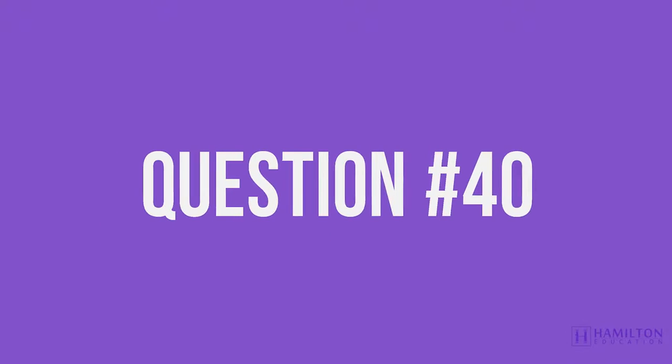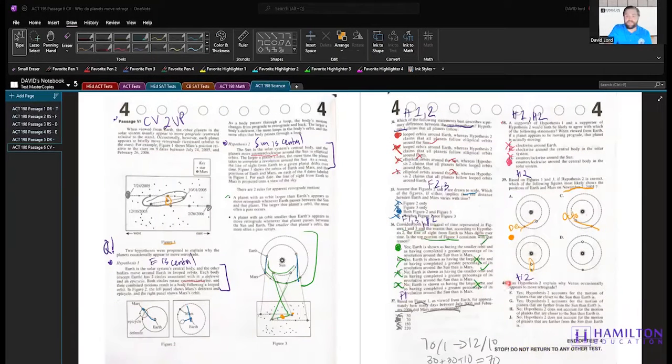All right, we made it. Question 40, the final question for the science test. Let's go through it. Can hypothesis 2 explain why Venus occasionally appears to be moving retrograde? Well, let's go through hypothesis 2. One of the notes about hypothesis 2 said that a planet with an orbit larger than Earth appears to move retrograde when Earth passes between the Sun and the planet.